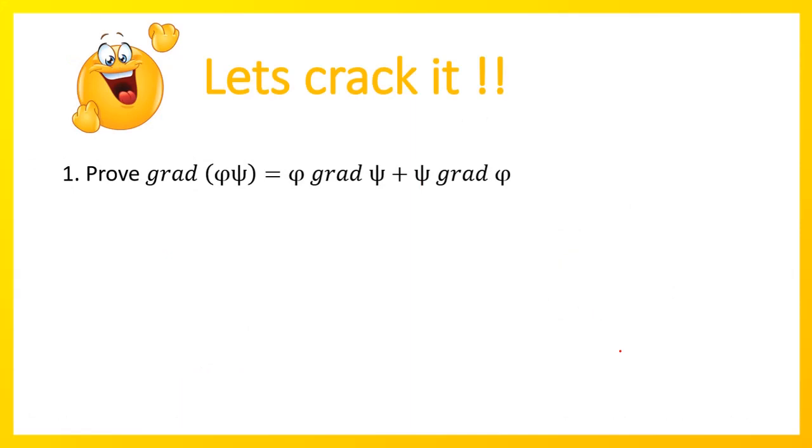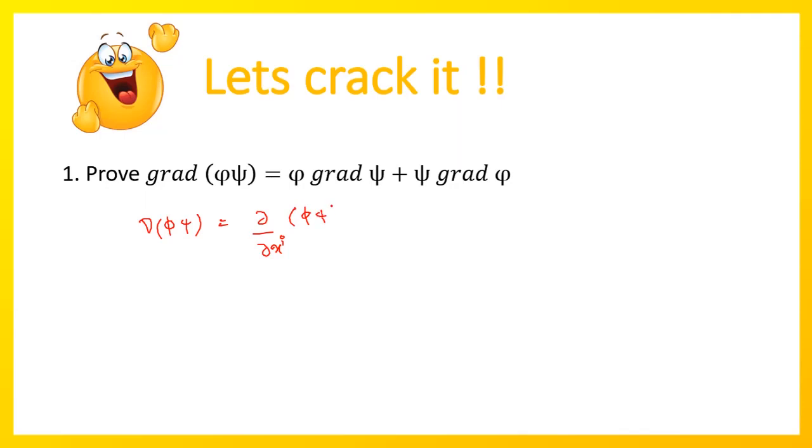Now let's do a small problem, that is gradient of phi psi. We know that gradient of phi psi is del of phi psi. We can just take the partial derivatives, dou by dou xi. Here the index doesn't matter because these are just scalars.